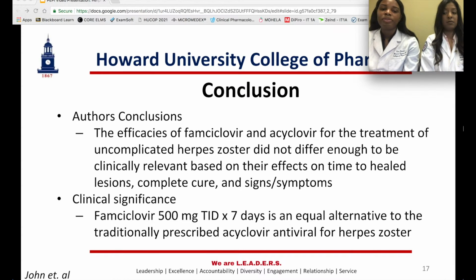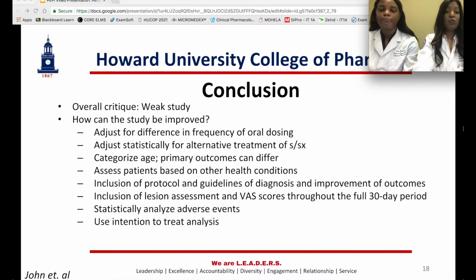So, in reference to the clinical significance, famciclovir 500 milligrams 3 times a day for 7 days is an equal alternative to the traditionally prescribed acyclovir antiviral for herpes zoster. So our overall critique, we've come to the conclusion that it is a weak study, and so how the authors or future scientists can improve this study is by taking those weaknesses we discussed previously and making some improvements.